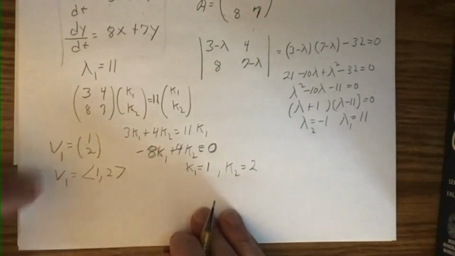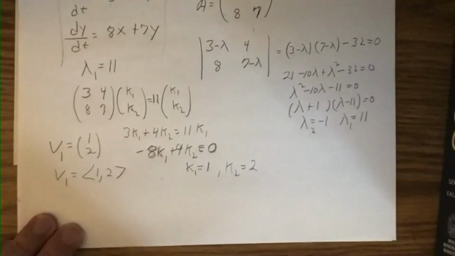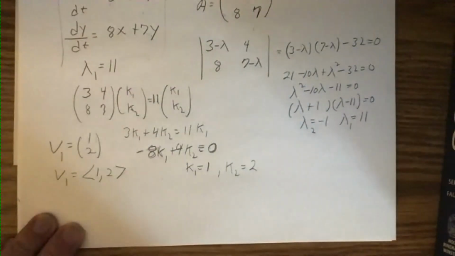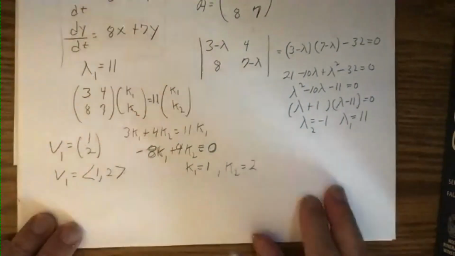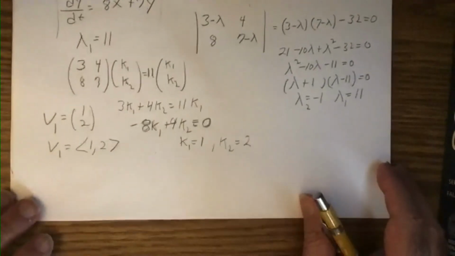If you're taking calculus 3, sometimes you write vectors like this, but sometimes in linear algebra, you write them like this. I wish I did it all on one page.